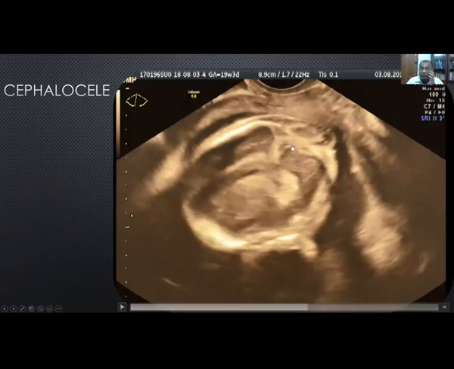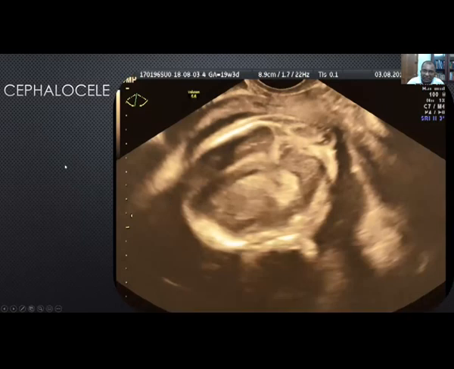Usually when there is a defect, the same principle as spina bifida comes in. We will have reduced fluid. The subarachnoid spaces will usually be flattened out, and there will be less fluid in the subarachnoid space because lots of fluid comes out, and also a bit of the brain. So if you see reduced fluid in the subarachnoid spaces, just as we do with spina bifida, you need to look for other defects.